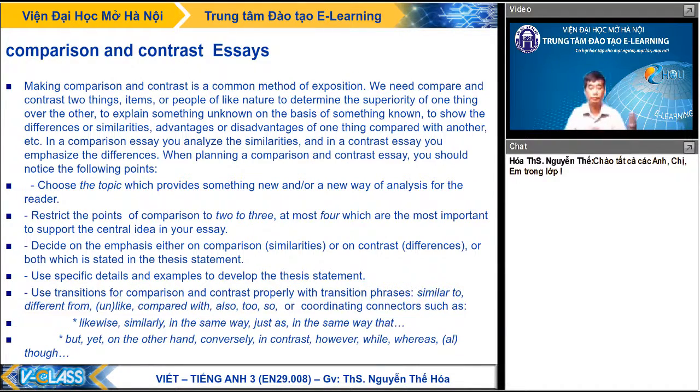And now the next kind, we have a comparison and contrast essay. Making comparison and contrast is a common method of exposition.